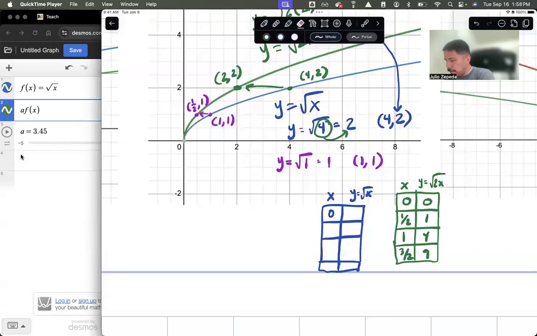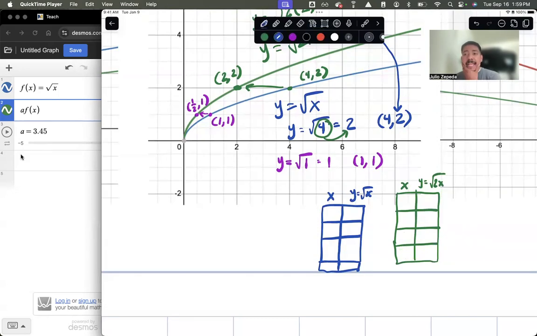These do not match up with the regular square root function. Something was not making sense. If you want to see how I caught the mistake, you can try plugging one of these x values in. If you plug in 3/2 into that function, you're going to get the square root of 3, which is not 9, right? So we can see that that's incorrect. They're just flipped. So let me flip them around.